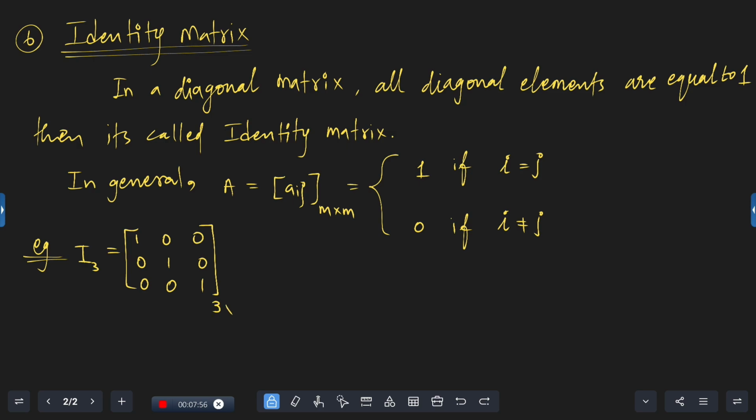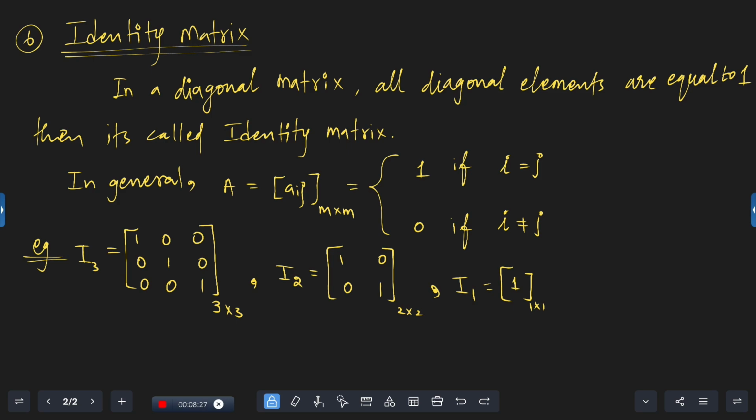And we can mention I2 also. I2 means order 2 by 2: 1, 0, 0, 1. Even we can mention I1. I1 means the element inside will be 1, a 1 by 1 matrix. So the identity matrix is denoted by I.